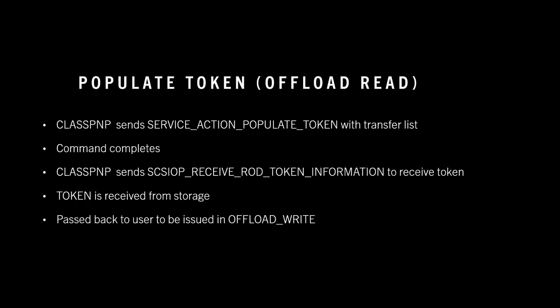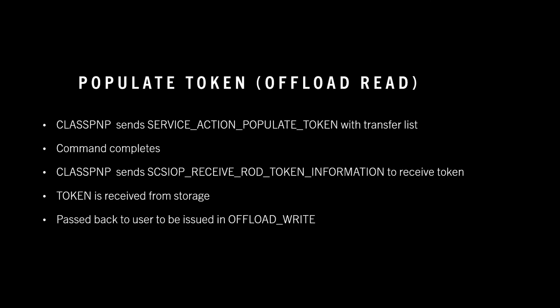Now here's some information about exactly what happens in ClassPnP with a populate token or offload read. ClassPnP will send a service action populate token with a transfer list. That command will complete. Then ClassPnP will send a receive ROD token information command to receive the actual token. The token is received from the storage.